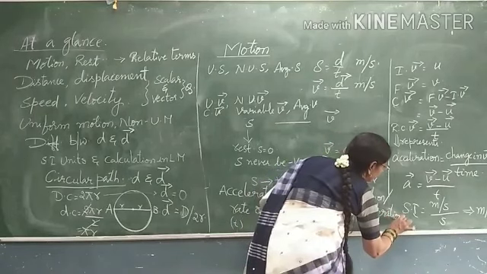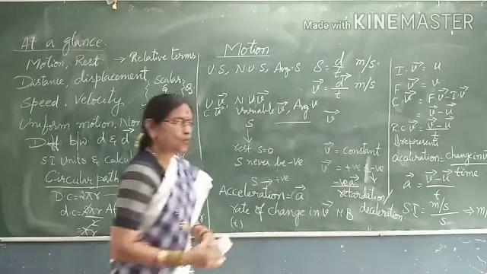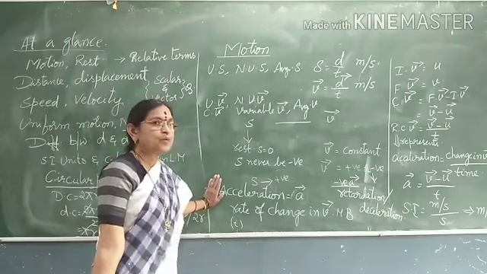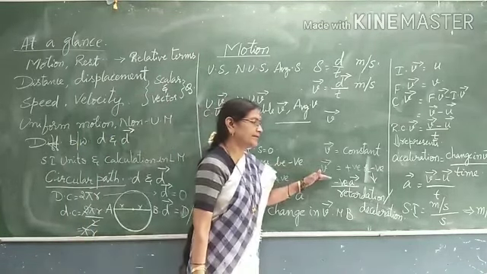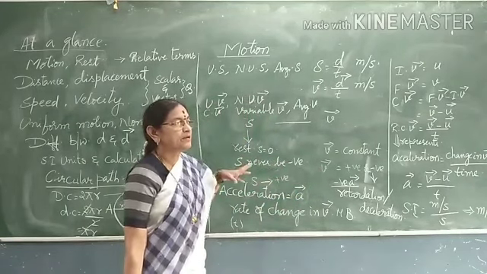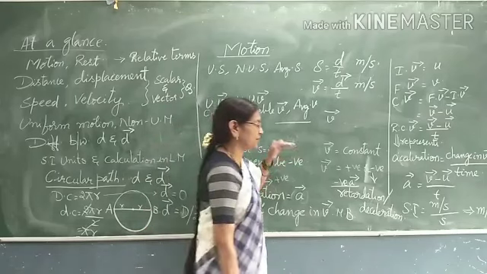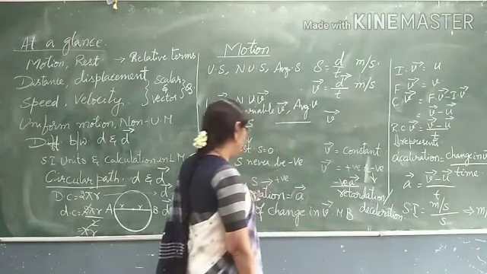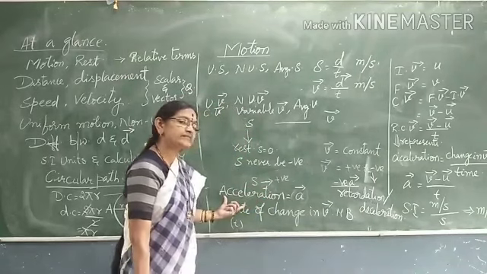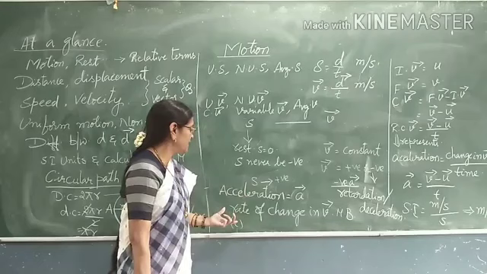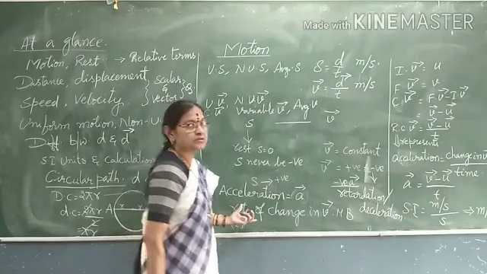Again, one more time we will discuss acceleration. Why did this acceleration come? When velocity goes on increasing in a moving object in a particular direction, we use another term to measure that, called acceleration. By definition, acceleration is rate of change in velocity.